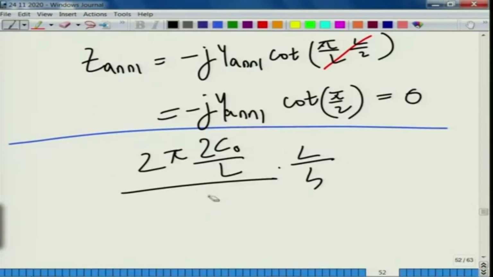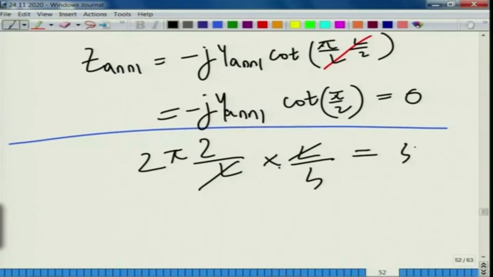So, we cancel this part, and we are left with this multiplied by this. So, this is cancelled, this is cancelled. So, this becomes 4 pi by 4. So, we get pi.